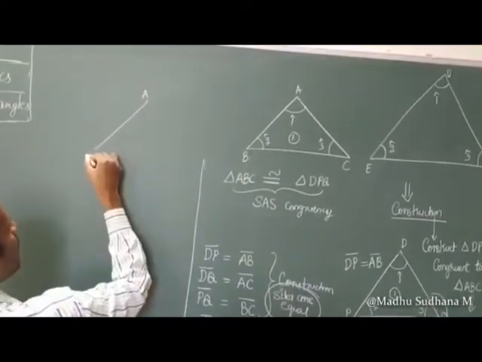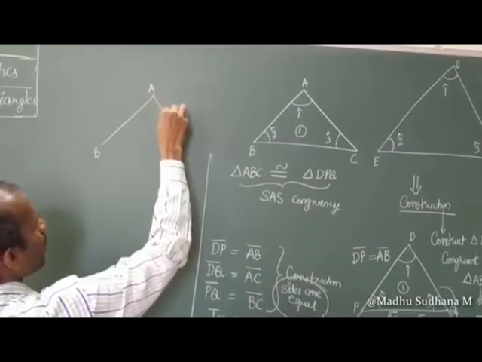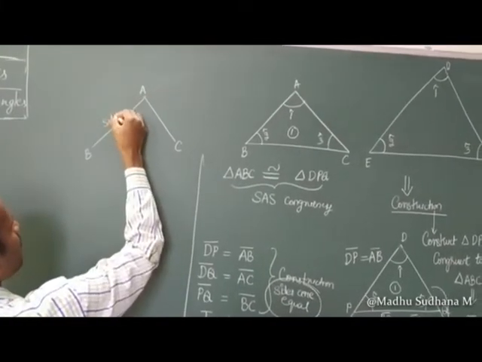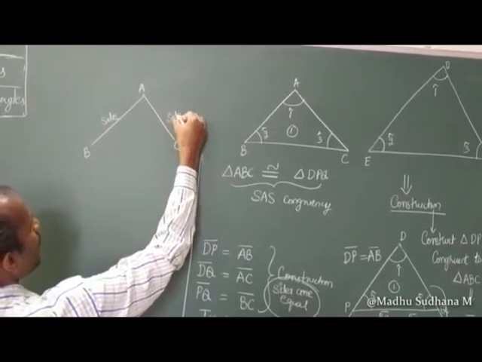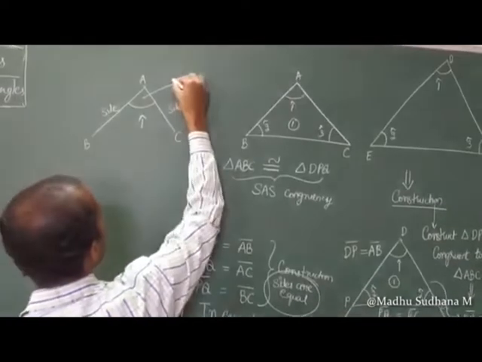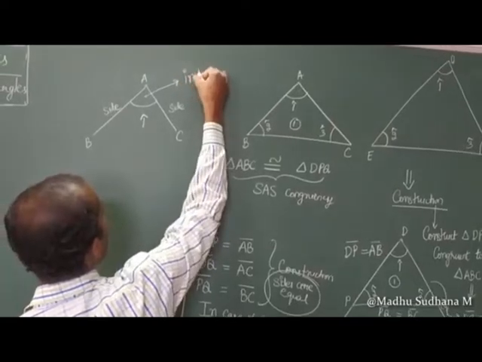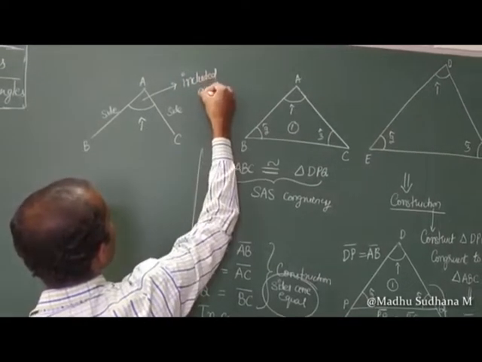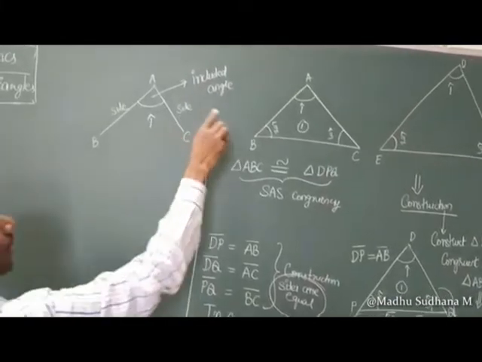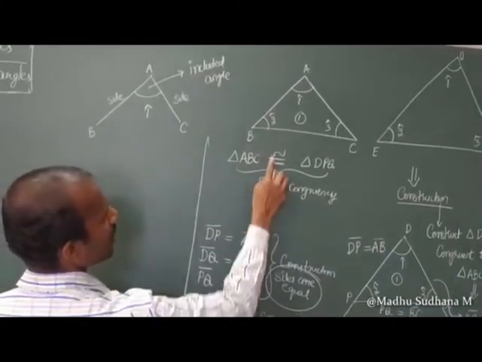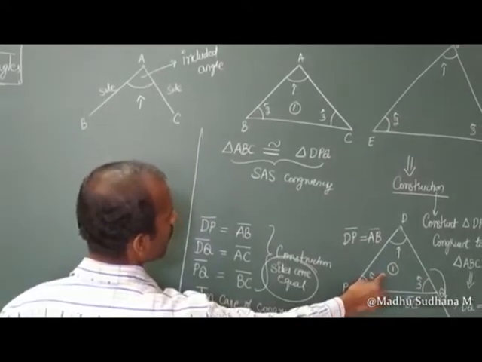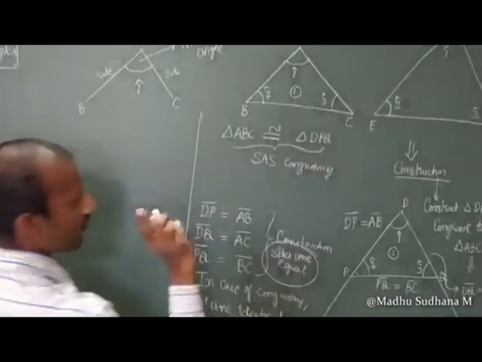This is AB length and this is one more length here, AC. These two sides, this is one side and this is one side, and we have an angle, this angle 1 here. So let me call this the included angle. Follow each other. So by SAS congruency we have proved that this triangle is identical with this triangle DPQ and they are congruent.